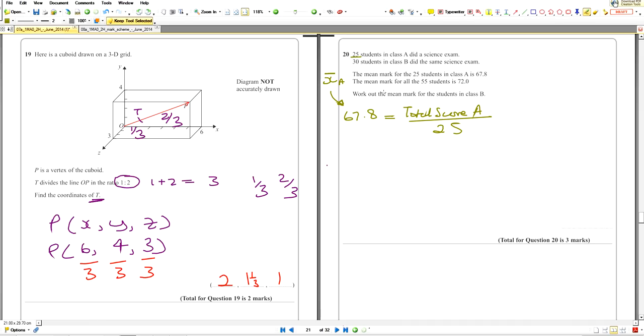Okay, now let's do the same for the next part of the information, which says, in this horrible green color, the mean mark for all the students. So the next one is going to be the mean of class A and class B. Okay, so the total.